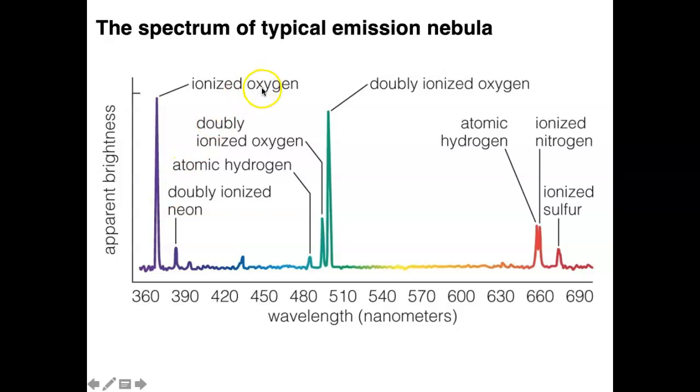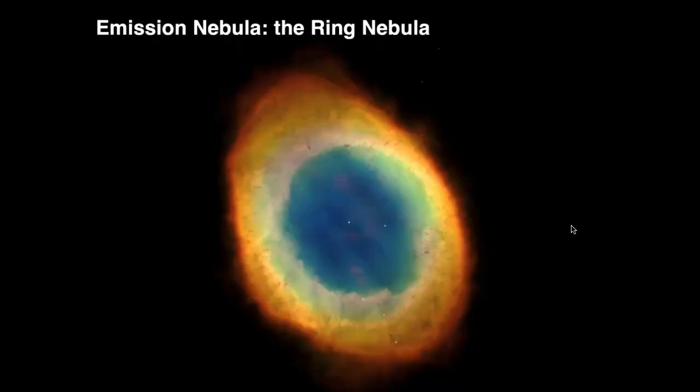This one comes from oxygen, this one comes from neon, this one from hydrogen, this one from nitrogen, sulfur, and therefore this nebula must be made of oxygen, neon, hydrogen, nitrogen, and sulfur. This is how we know what elements are in these clouds.